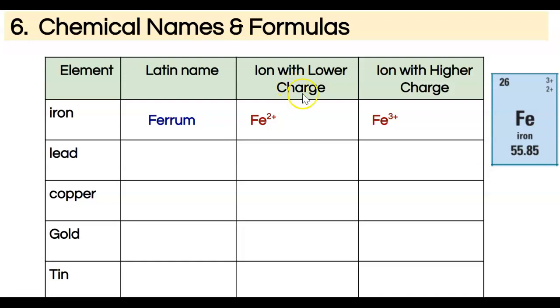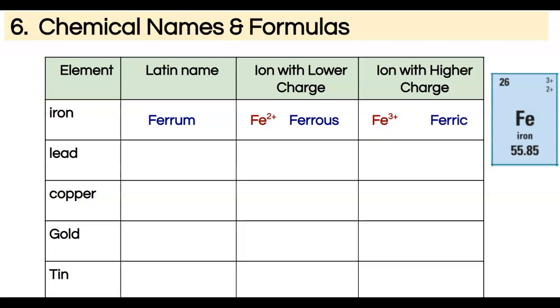So remember, the ion with the lower of the two charges is going to get what kind of ending? Well, the OUS ending. And so all I'm going to do is take that UM and change that to OUS. Okay, so ferrous. Now what ending did we say we were going to give to the higher of the two charges? We said it was going to get that IC ending, right? And so this becomes ferric.